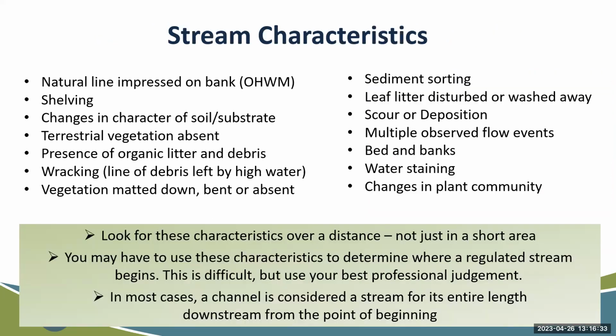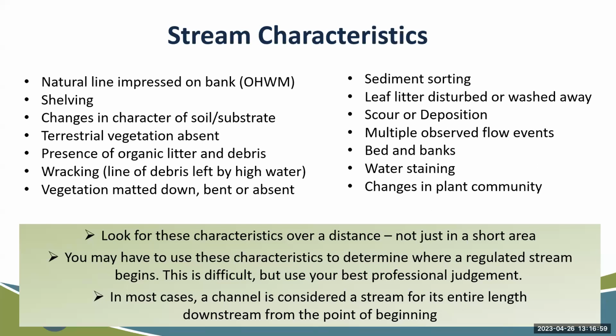So these are some characteristics you should look for when you're looking at a feature to determine whether or not it is a stream. Not all of these characteristics will necessarily be present in every stream channel, and they may be stronger and more apparent or weaker and less apparent depending on the type of stream, the position in the watershed, or the time of year.